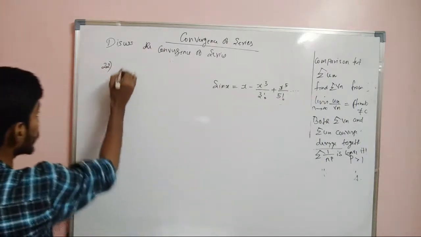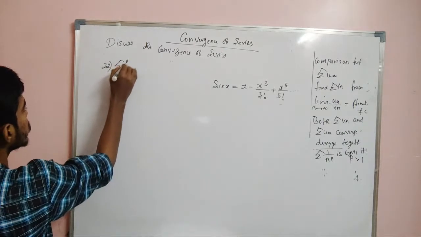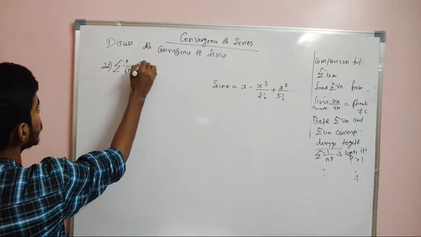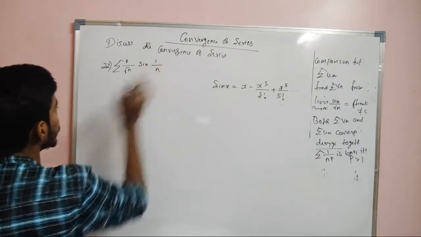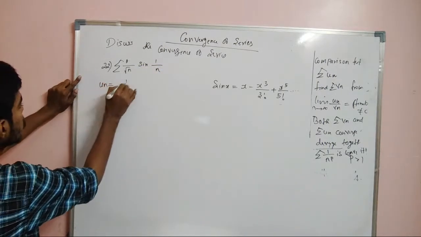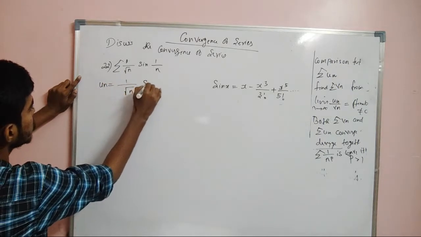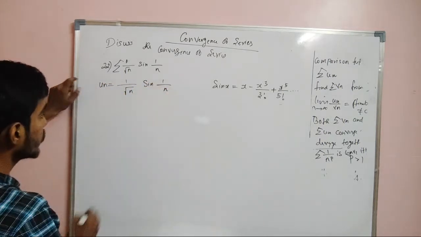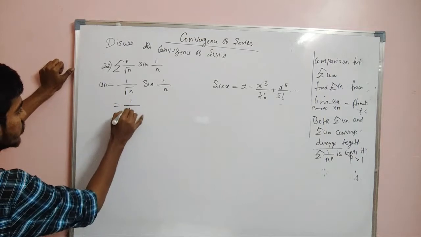summation 1 by root n sin 1 by n. Now just take Un to be equal to 1 by root n sin 1 by n. Now just expand sin 1 by n.